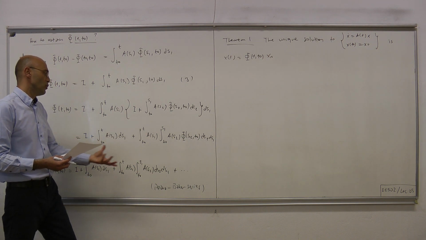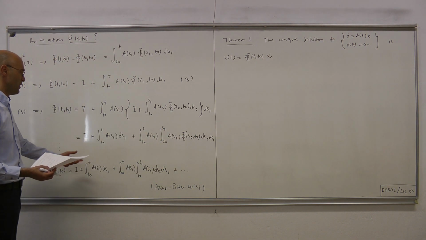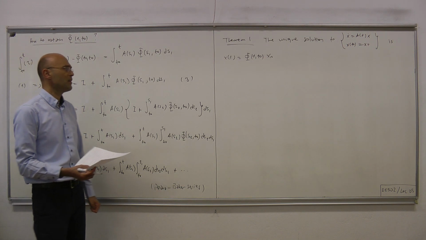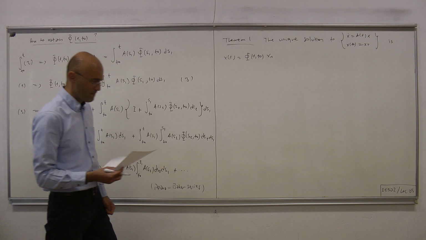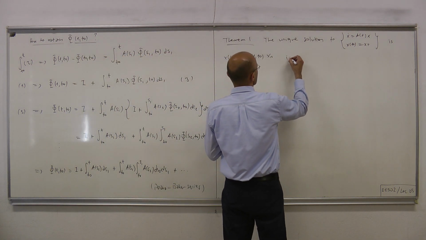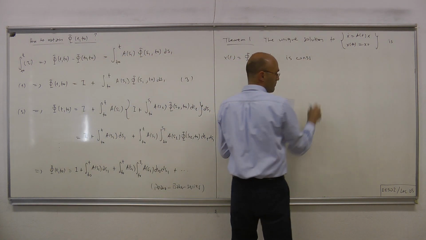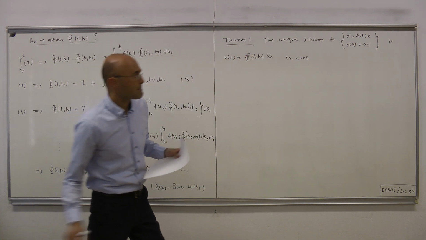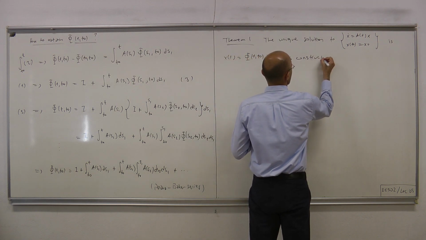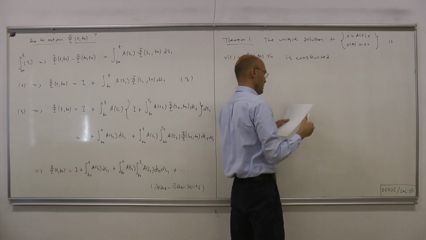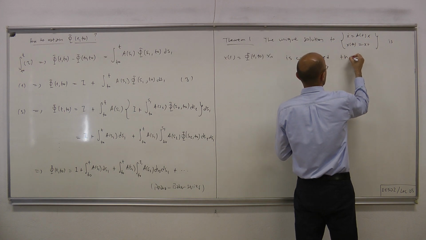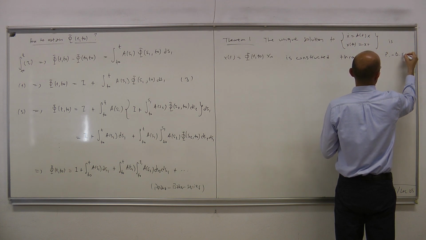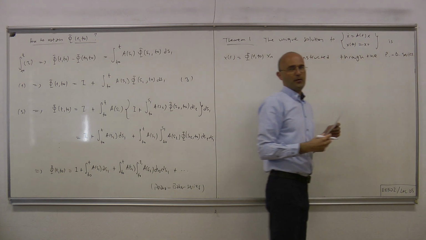Or you don't use this method to construct it. There may be other methods, but in that case, you can take this as the definition of that matrix phi, constructed or defined, if you don't like this word, through the Peano-Baker series.